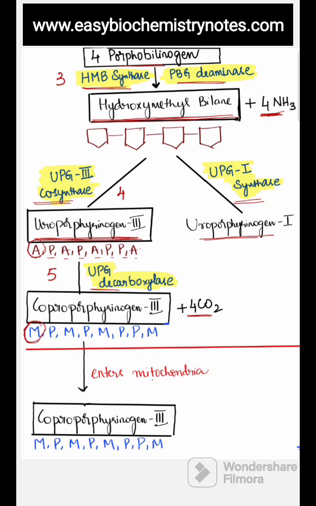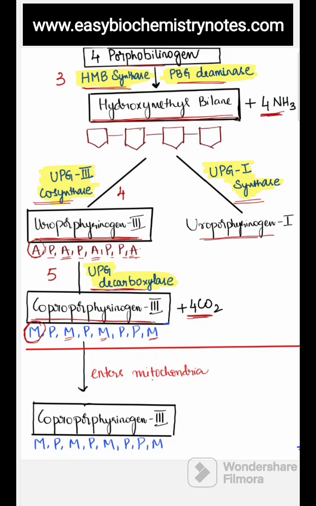So 4 acetyl groups get converted to methyl groups, and with the removal of the 4 carbon dioxides in the presence of uroporphyrinogen decarboxylase, it forms coproporphyrinogen 3.